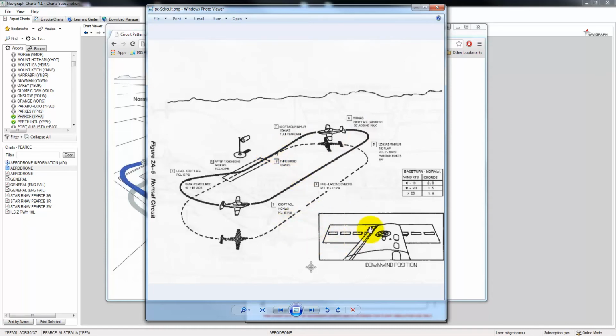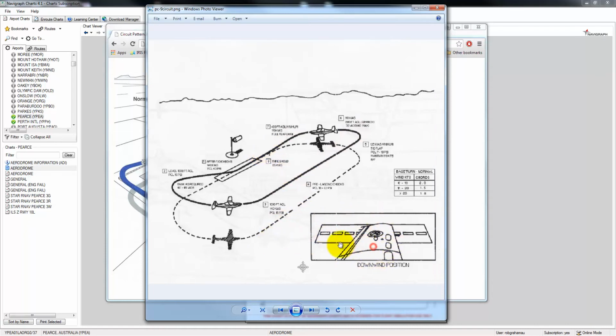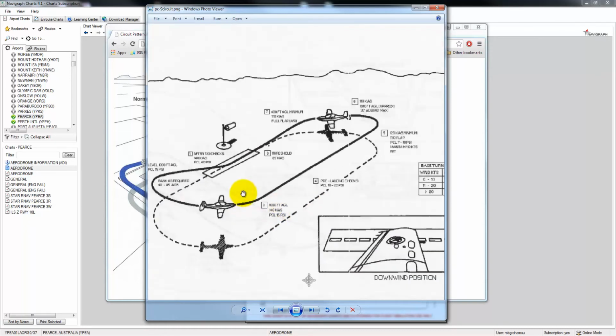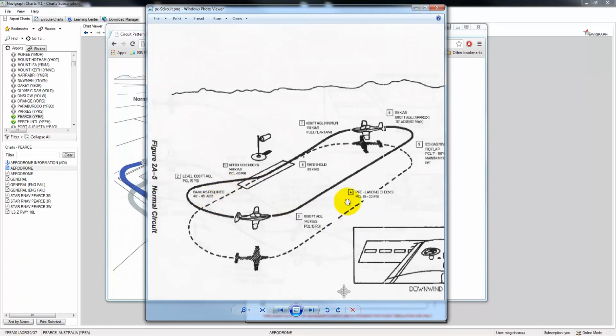The other thing is, in this image, we can see a guide to what the picture outside, looking at our wing, should be. So if we're in the pattern correctly, we should see something like this, which we'll get into in a little bit once we're in. We also get some rough estimates on the speeds we should be flying at the various points.